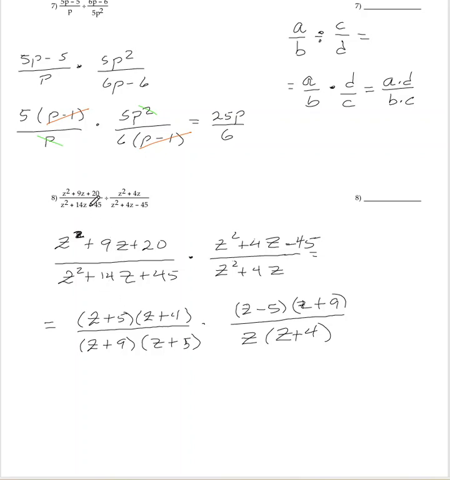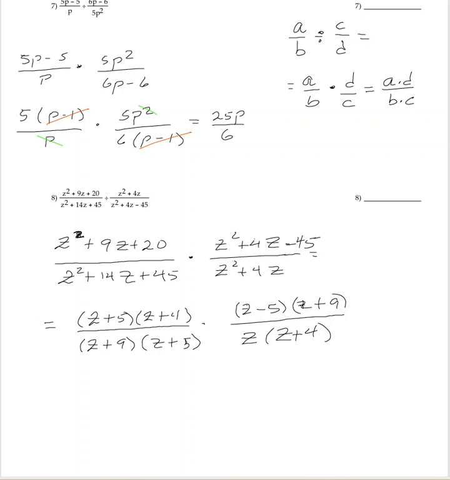C squared plus 14c plus 45, c plus 9, c plus 5, 9 times 5 is 45, and 9 plus 5 is 14. C squared plus 4c minus 45 would be c plus 9, c minus 5, right? Because 9 times negative 5 is negative 45, and 9 minus 5 is 4. And c squared plus 4c, we take the common factor c out, and then we get c times c plus 4.